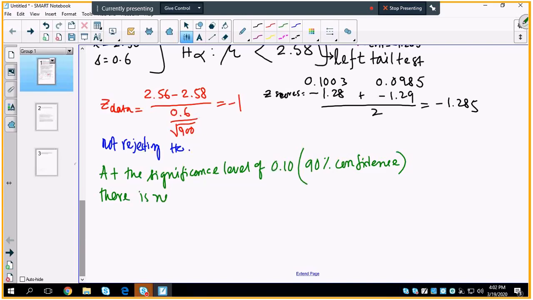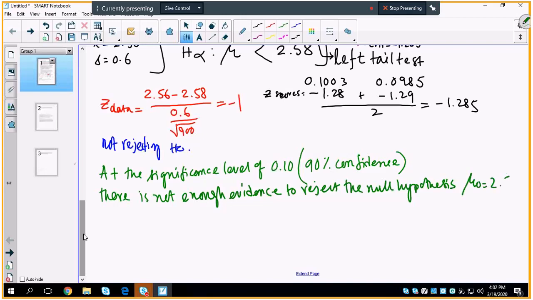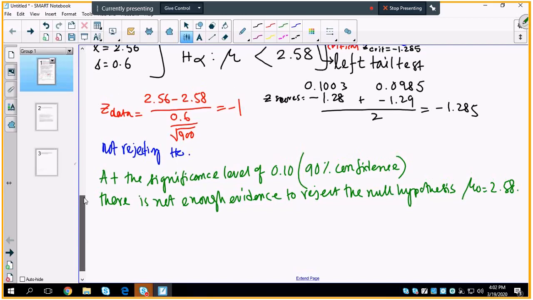So when we do not reject the null hypothesis, we say there is not enough evidence to reject the null hypothesis mu naught is equal to 2.58. So I'm not being able to reject it because of lack of enough evidence. That is your basic process of testing.